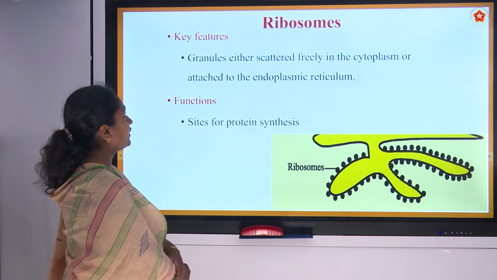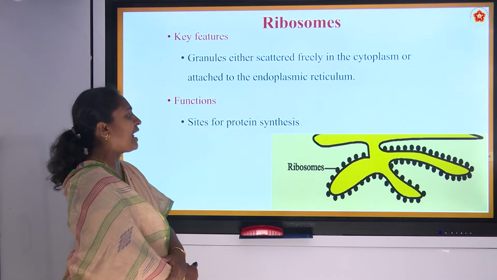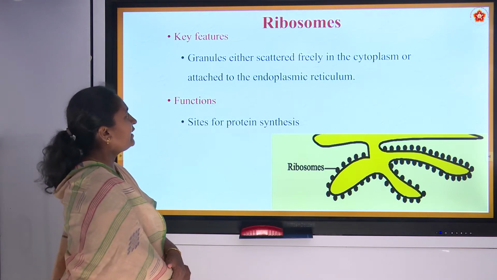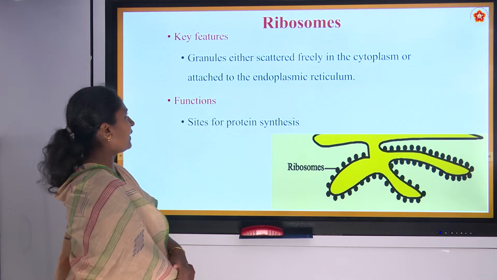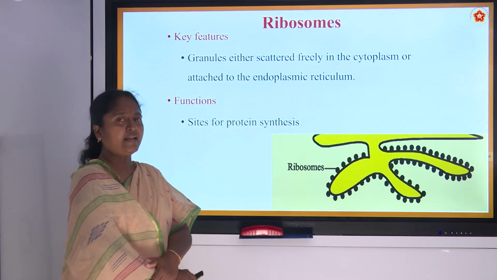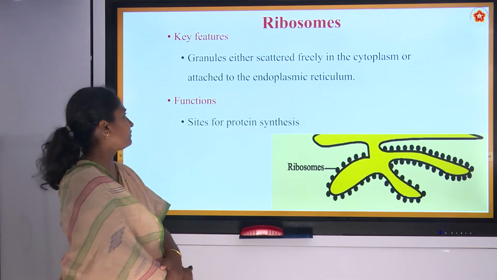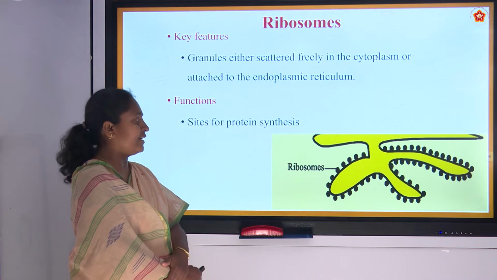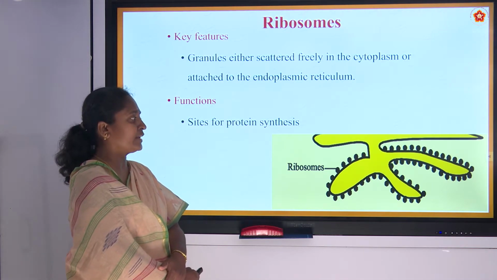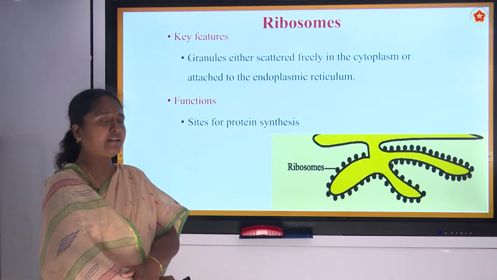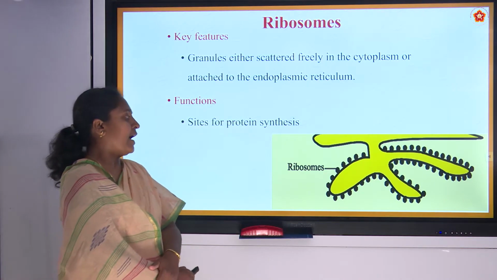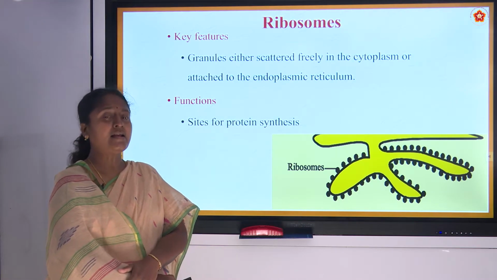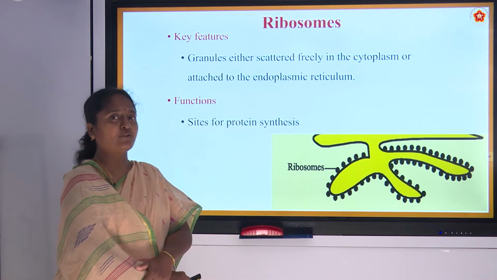Its key feature is that it is like a tiny granule, small grains, scattered freely in the cytoplasm or attached to the endoplasmic reticulum. The major function is that it is the site of protein synthesis. Now you will know why the ribosomes are attached to the endoplasmic reticulum, right? It synthesizes the protein, and whatever protein it synthesizes, it secretes inside the lumen of the endoplasmic reticulum.